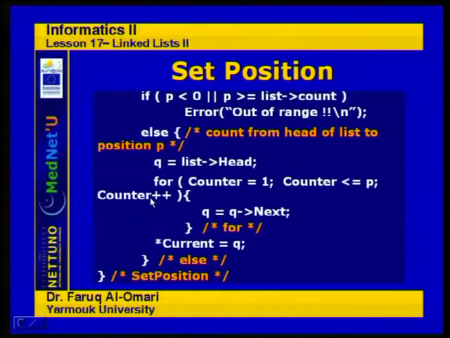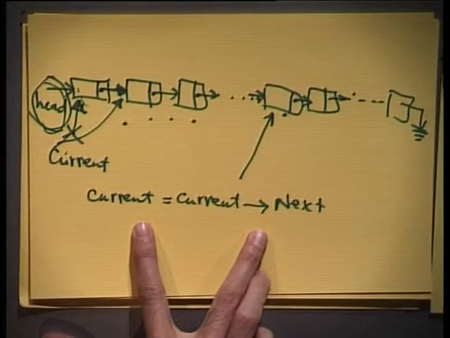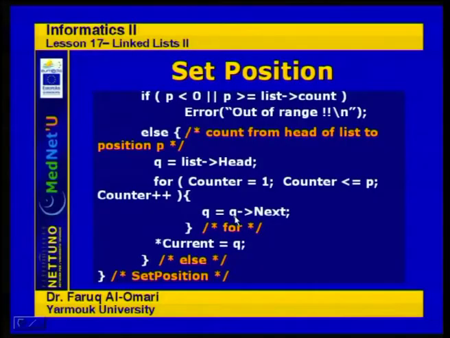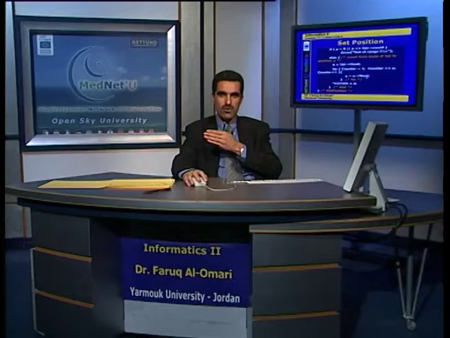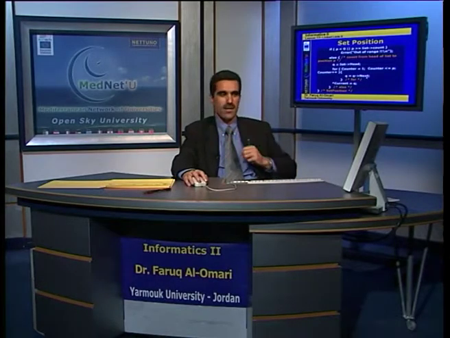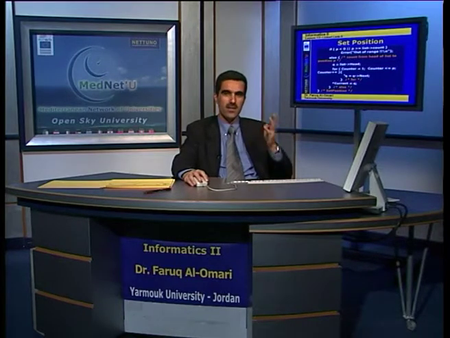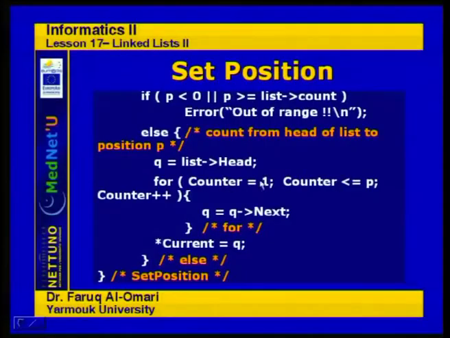At each iteration of this loop, all I'm going to do is this major step: make Q point to Q arrow next, so that it goes and points to the next node in the list. And that's it. Keep going forward P times.